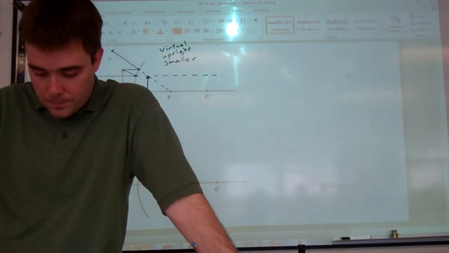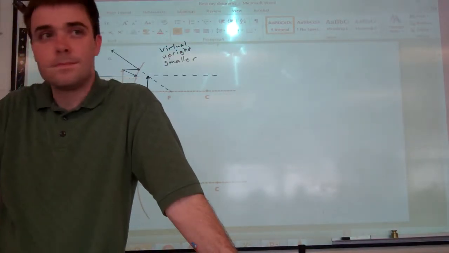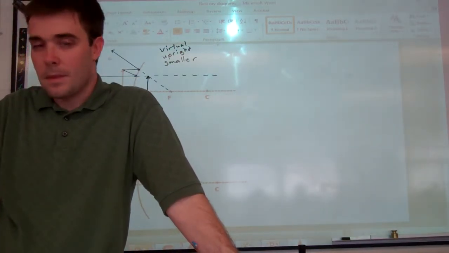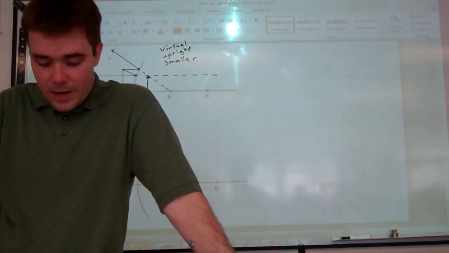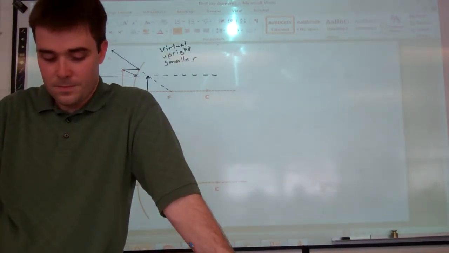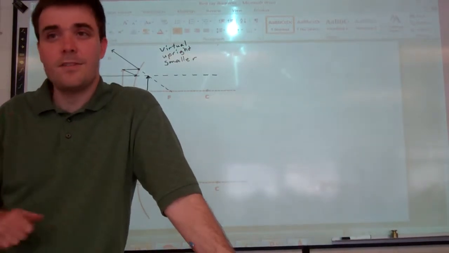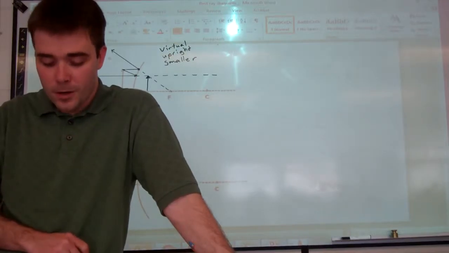Number 10, when an object is beyond the center of curvature of a convex mirror, the image is virtual and smaller. A convex mirror can only be virtual and smaller.